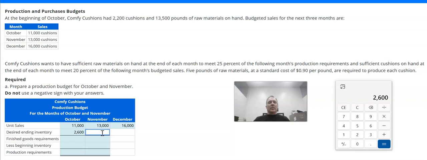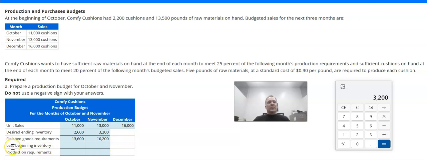And for November, we're going to use the 16,000 for December times 0.2, and that's 3,200. That gives us our finished goods requirements, which is just these two figures added up. The first one looks like it's going to be 13,600, and the second one 16,200.